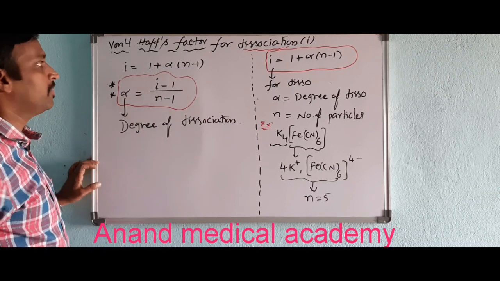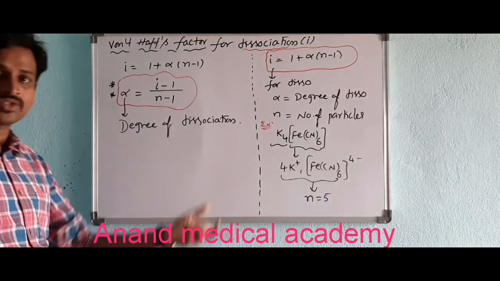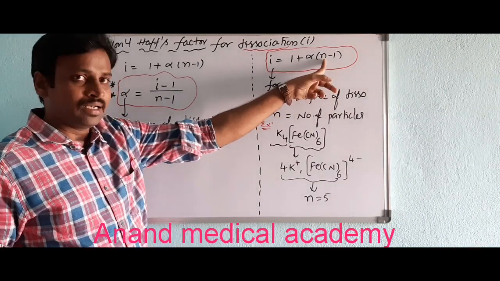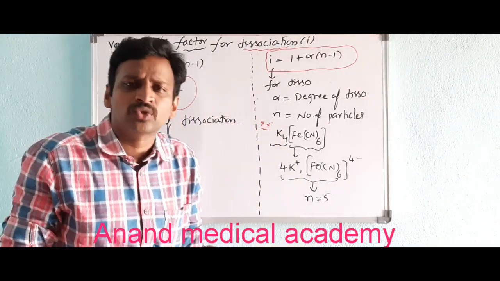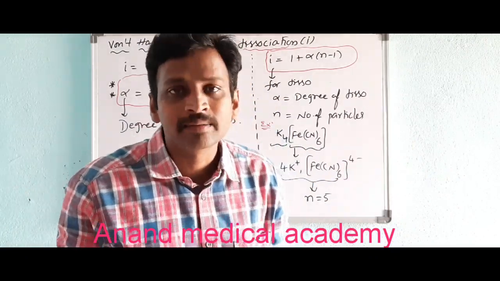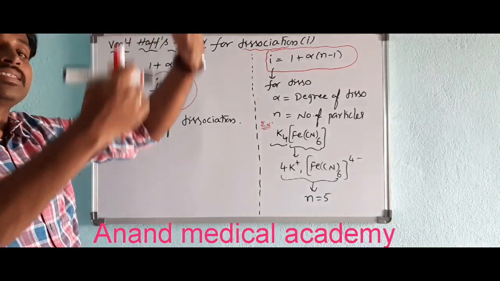I am telling this for dissociation, but for association it is the same story, where you have N, there you write 1 by N. Because for association the number of particles decreases, while in dissociation it increases.